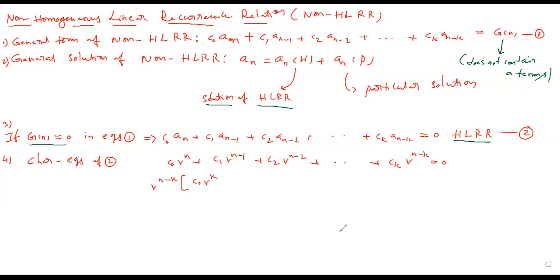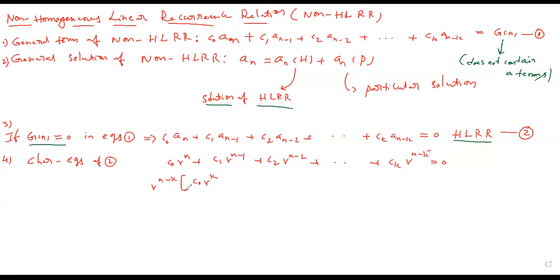First substitute a_n equals r^n, a_(n-1) equals r^(n-1), a_(n-2) equals r^(n-2), and so on, and at the place of a_(n-k) we replace r^(n-k), equals 0. After that, you take the least power. What is the least power here? The least exponent is n minus k. You can take r^(n-k) common.